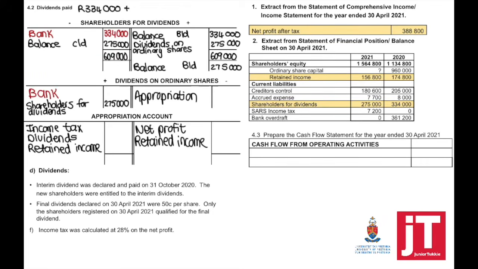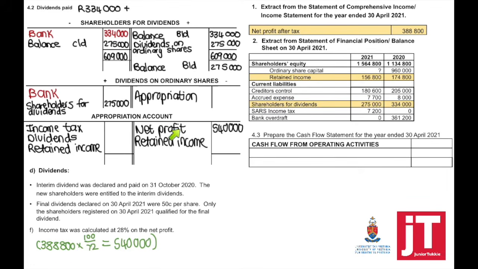If I now look at the appropriation account, it's always the net profit before tax minus the income tax minus the dividends which we want to calculate now. We are going to show the retained income in the beginning, end of last year, and what was the retained income at the end of this year.